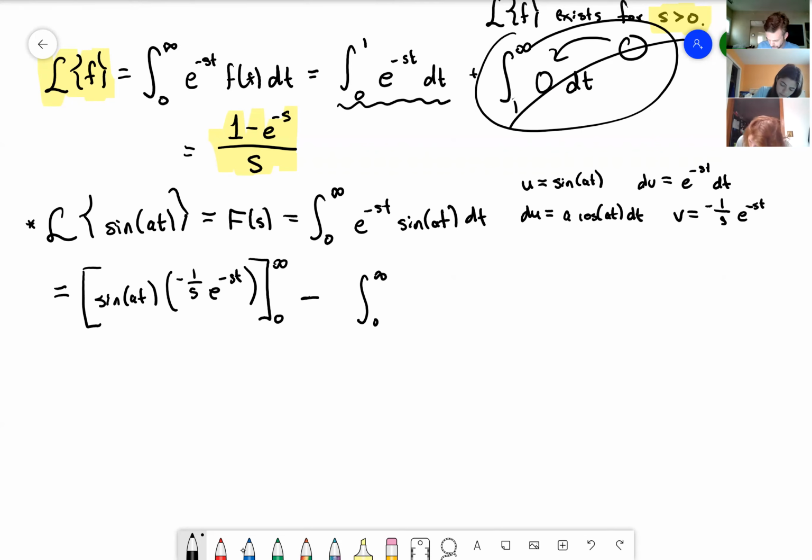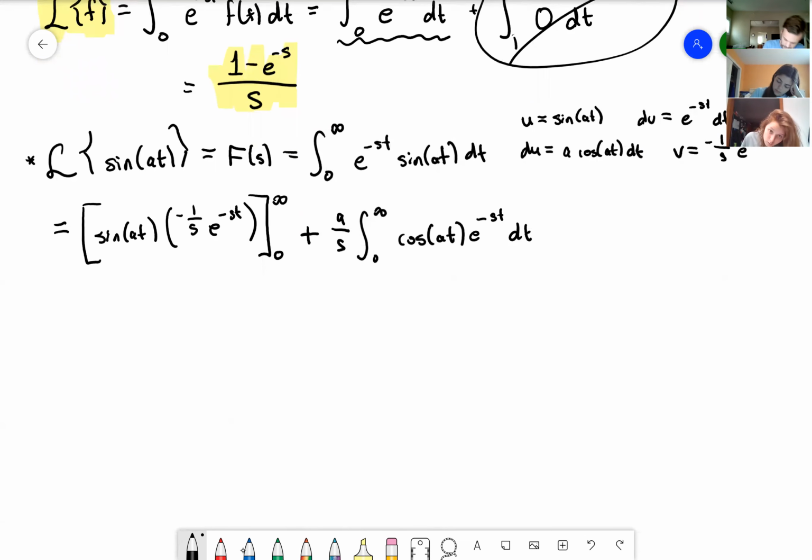I'll pull the constants out in front first. That's negative a over s, and we've already got a negative, so this becomes positive a over s times the integral of cosine at e to the minus st dt.